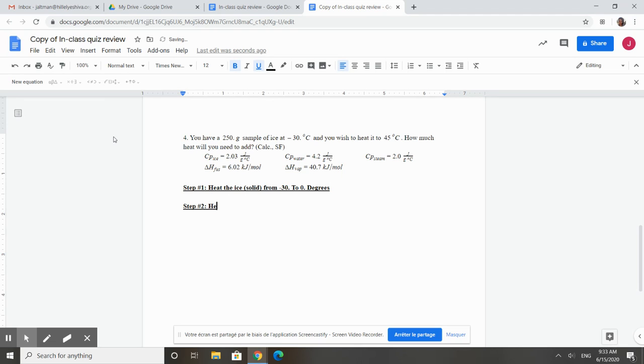Step number 2 is going to be the heat of fusion. And step number 3 is going to be to heat from 0 to 45 degrees. And then we just add them together. So I'm going to use Q is equal to MCΔT, both for step 1 and for step 3.